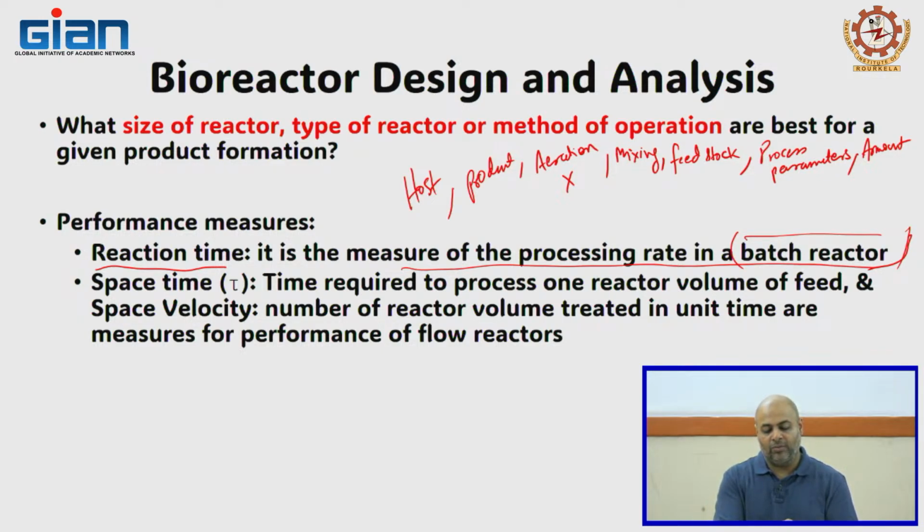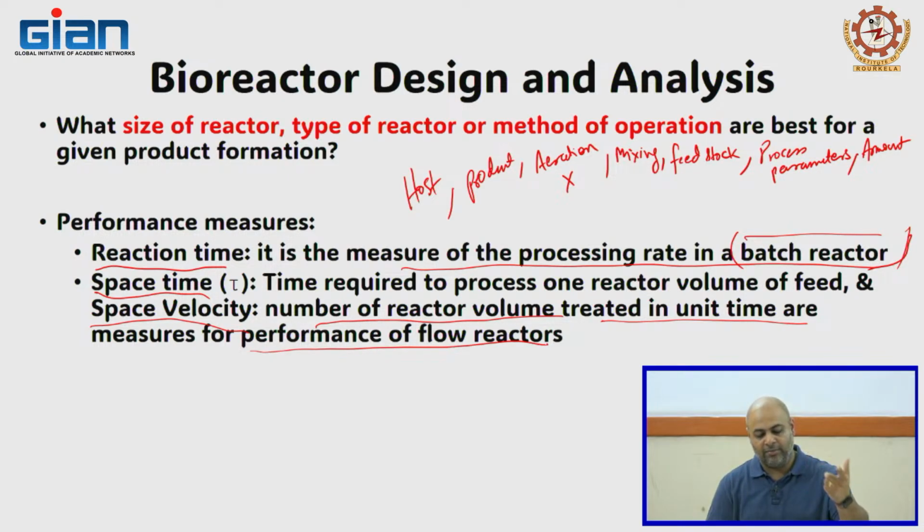When we are working with, let's say, a flow reactor, like a CSTR, continuous stirred tank reactor, we are looking at space time and space velocity. So, space time is the time required to process one reactor volume of feed, and the space velocity is the number of reactor volumes treated in unit time to define the performance of a flow reactor.